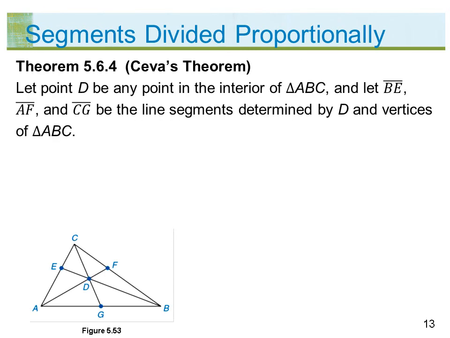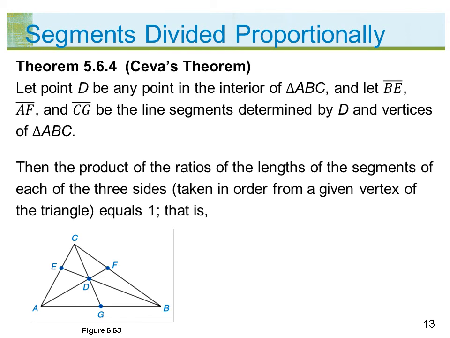Theorem 5.6.4, Ceva's Theorem. Let point D be any point in the interior of triangle ABC, and let segment BE, segment AF, and segment CG be the line segments determined by D and vertices of triangle ABC. Then the product of the ratios of the lengths of the segments of each of the three sides, taken in order from a given vertex of the triangle, equals 1.